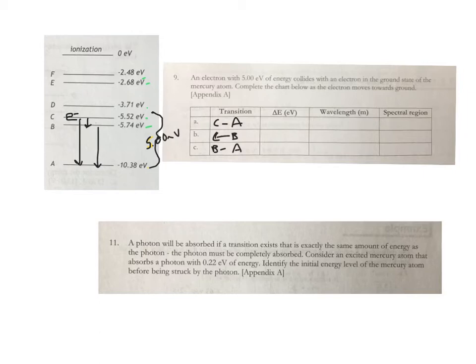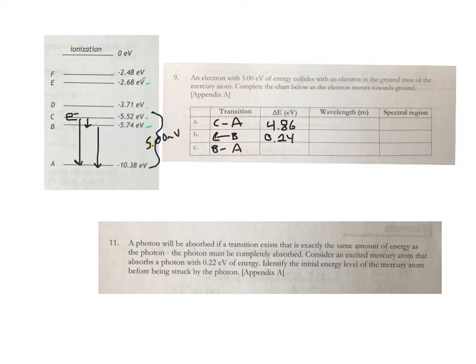So 5.52 and 10.38. So as it goes from C to A, this change is 4.86 electron volts. As it goes from C to B, that's 0.24 electron volts.